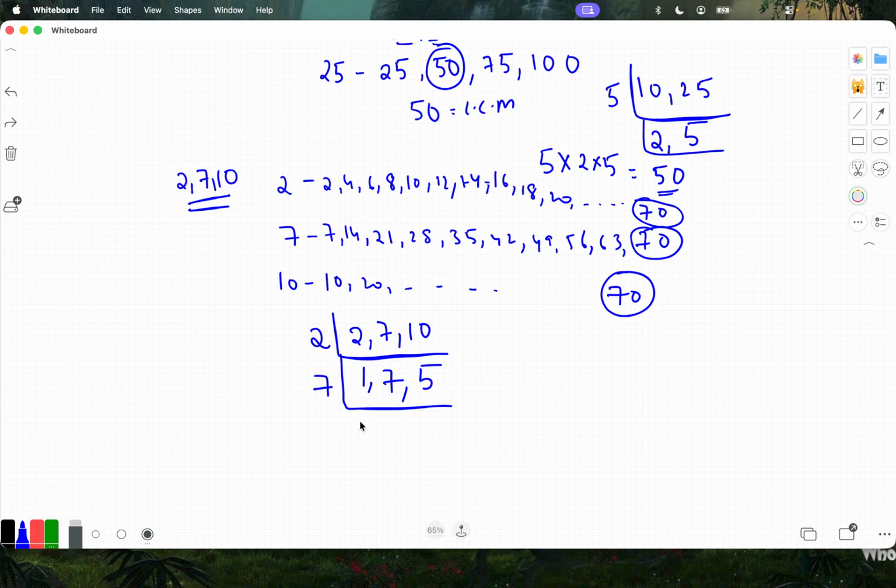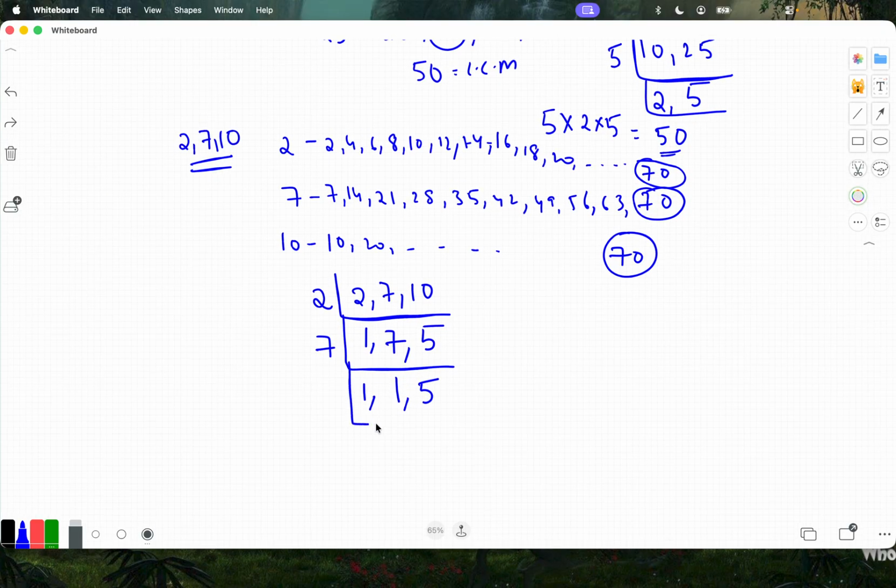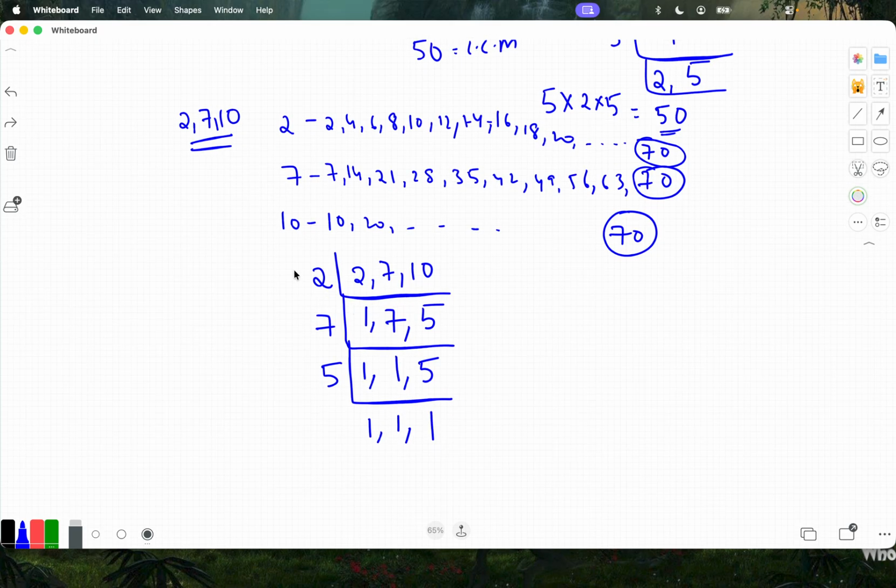So in the proper way, you write 1, then 7 ones are 7 and 5 you can write like this. Then the 5 table: write 1 and 1 like this and 5 ones are 5. When you get all ones here, you can multiply these three numbers: 2 into 7 into 5. That is 70. So this is the proper method.